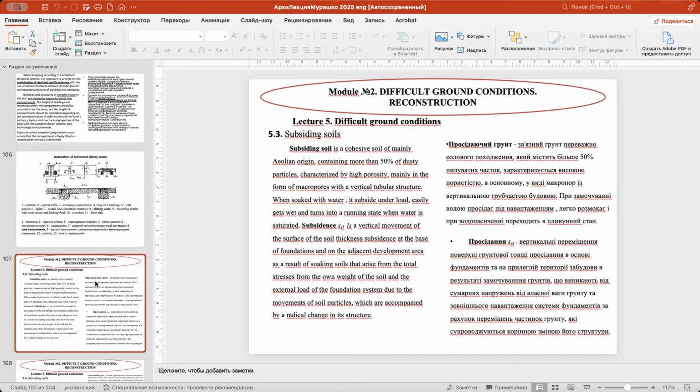We discussed why it is important for an architect to be informed about the classification and ways of designing buildings taking difficult ground conditions into consideration, because this is a very important parameter which affects a lot the architecture of the building, the form, the shape of the building, the shape of windows, etc. And we have already considered the first difficult ground condition, called undermined territories.